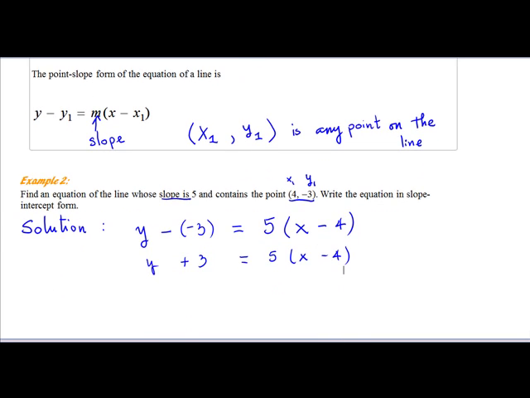Now this is the equation of the line in point-slope form.